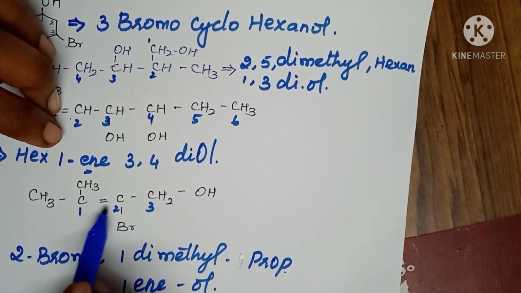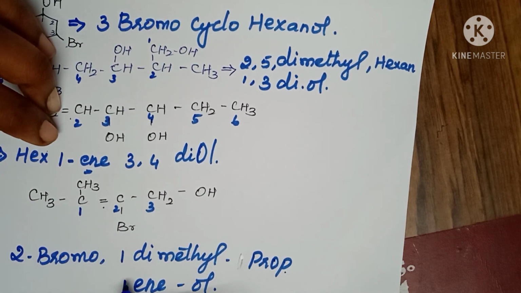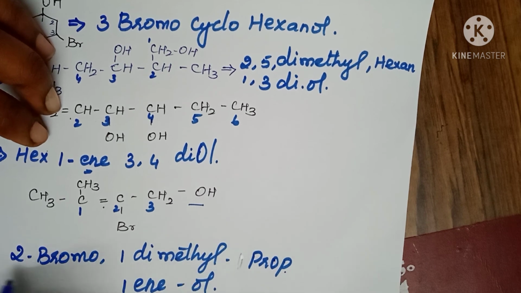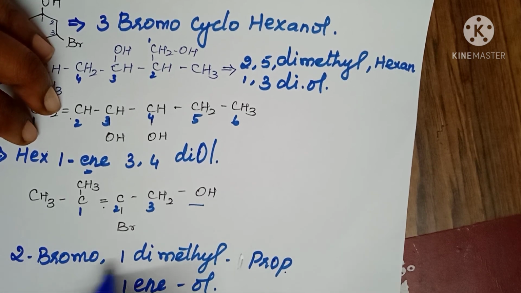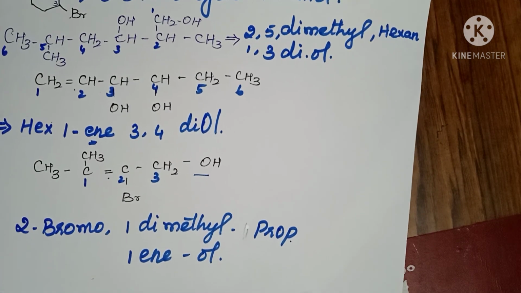It starts with a double bond, an allylic form, so you give 1-ene-ol. This is the way you have to give. So 2-bromo-1,1-dimethyl prop-1-ene-ol. Hope you got this point for IUPAC naming. Thanks for watching, students.